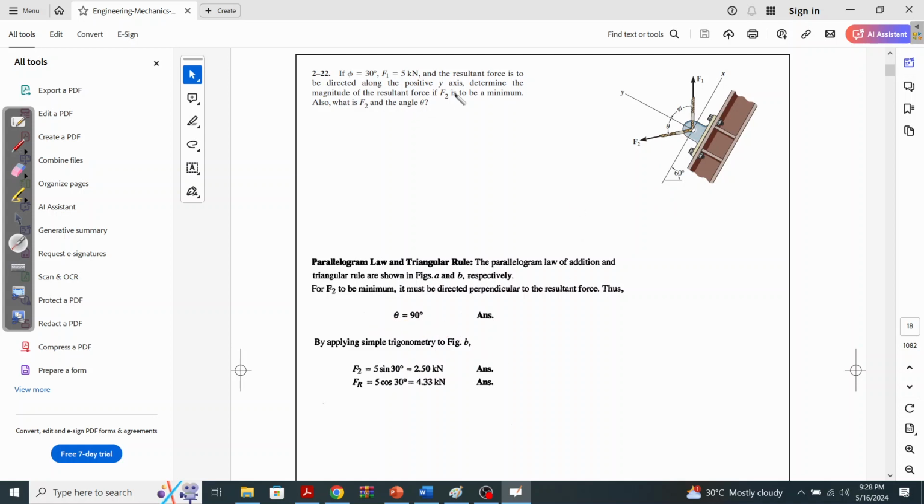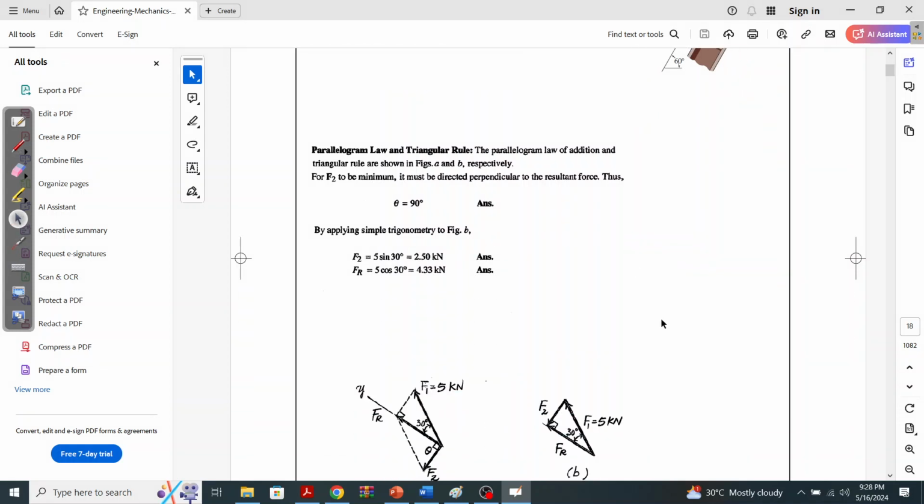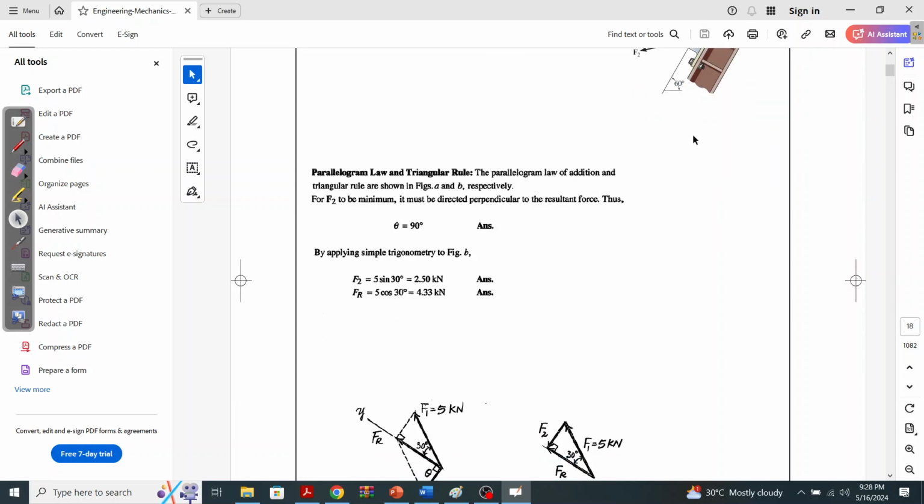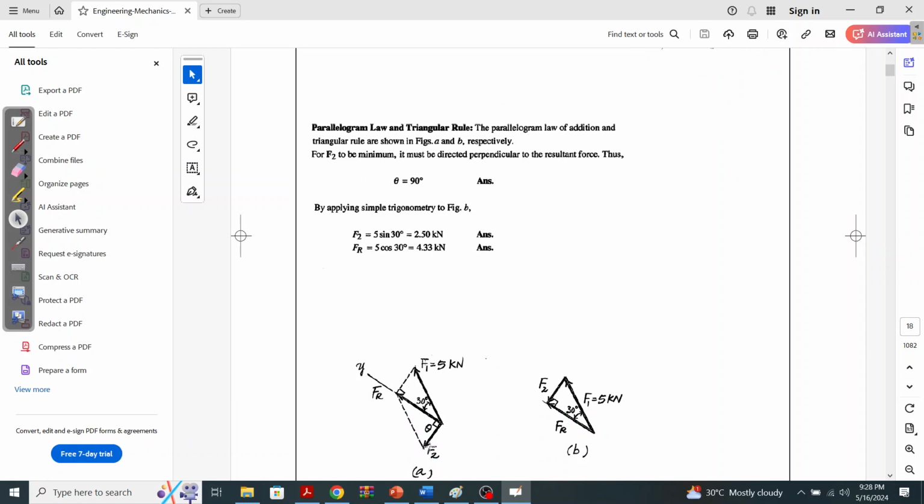Now he also says to determine the magnitude if F2 is to be a minimum. We have made it minimum when it is acting along this direction. If I draw the free body diagram of this system, you can very easily see that this was our 5 kilonewton force, and our Fr is acting along the y-axis, as he has said.